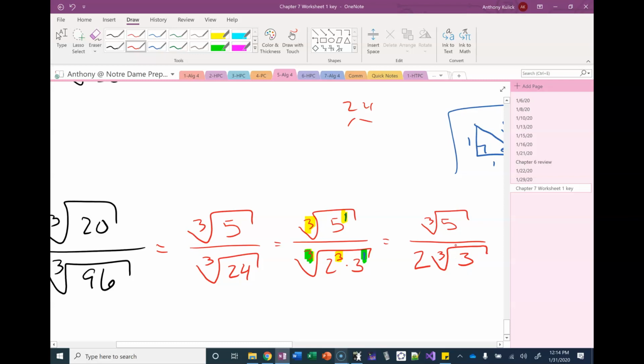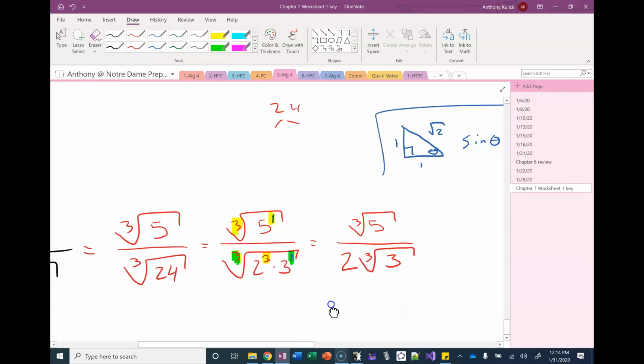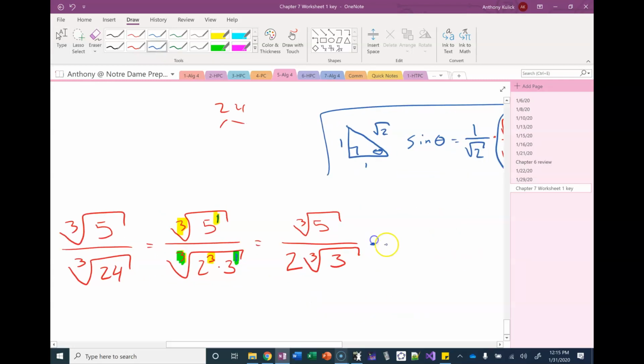Is everybody okay here? We still have one more thing to worry about, and it's because we have a radical in the denominator of our fraction. So I'm going to need to multiply the top and bottom of this fraction by something so that there's no radical left in the denominator. I don't want to do 3 cubed because I already have one 3 underneath my radical.